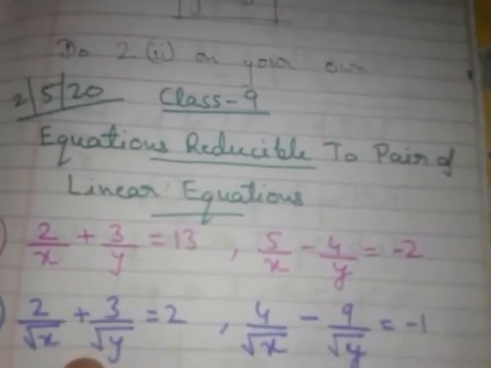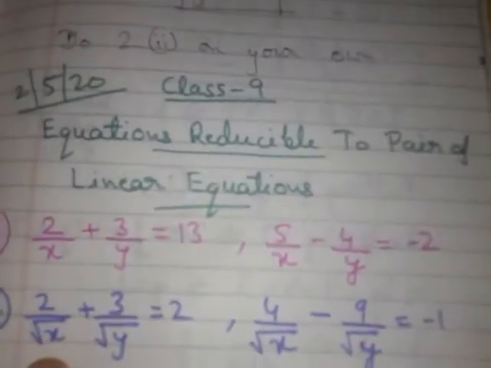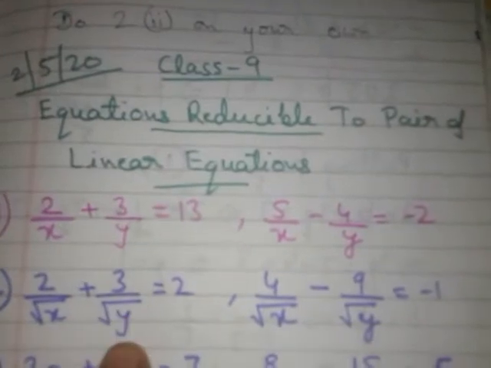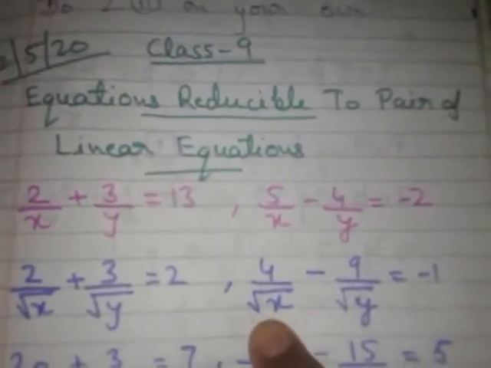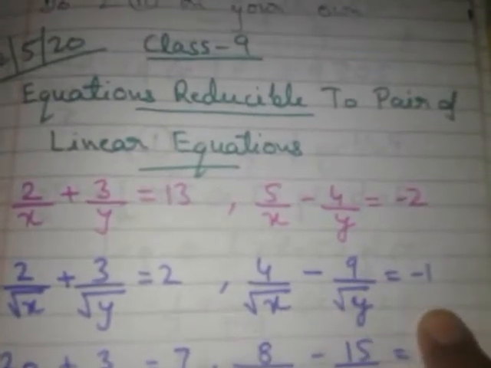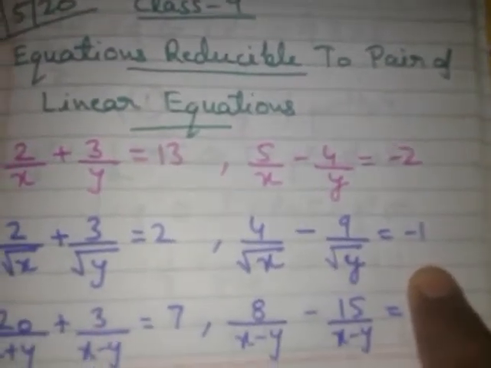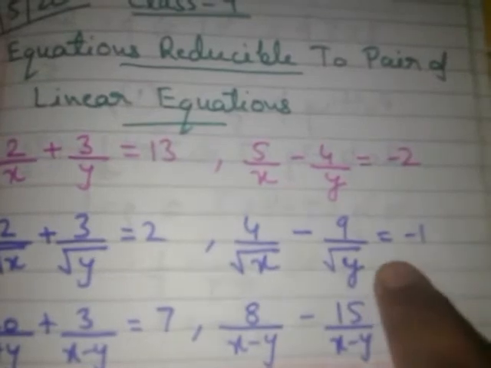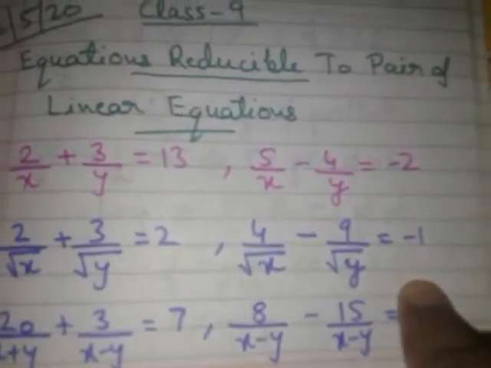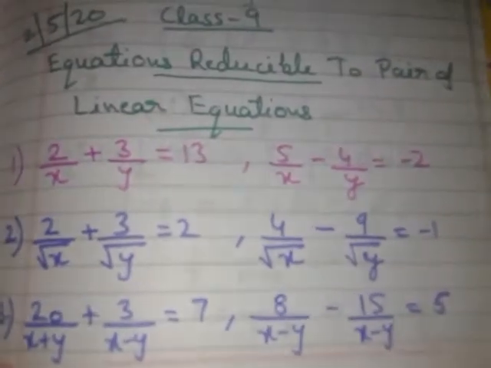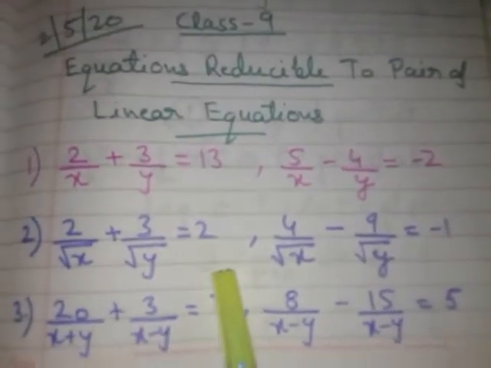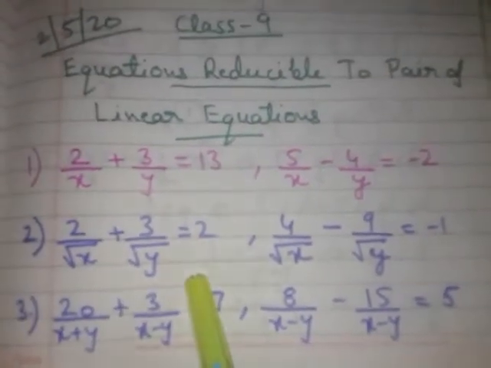In the same way, here 2 upon root x plus 3 upon root y is equal to 2 and 4 upon root x minus 9 upon root y is equal to minus 1. Can we solve it directly? No, we will first have to reduce it to a pair of linear equations.